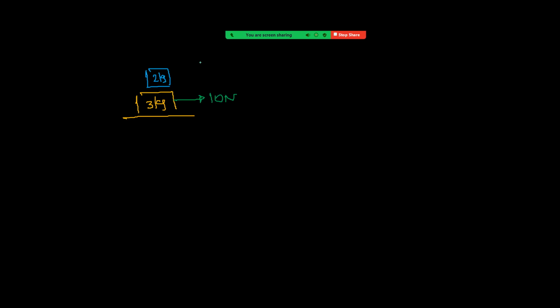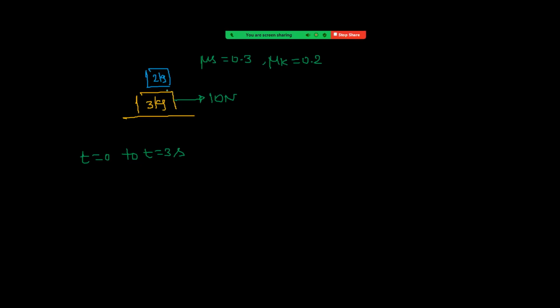So given mu s, it is 0.3, mu k value 0.2. So in the time interval t equal to 0 to 3 seconds, work done by frictional force on upper block, right? So this is the data given.